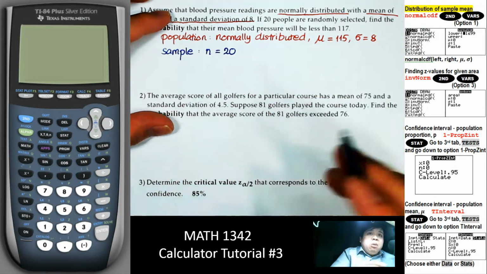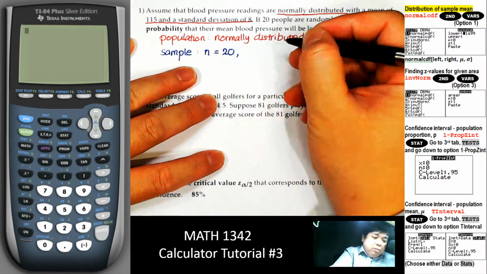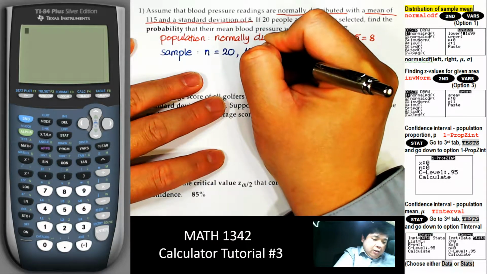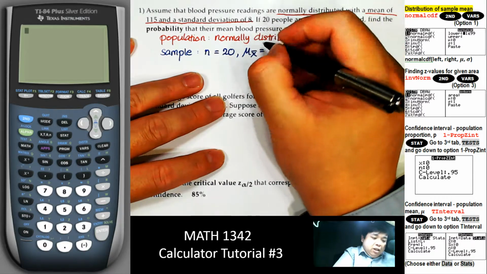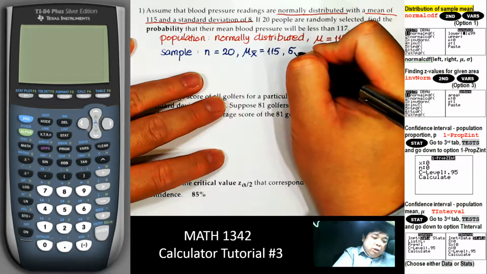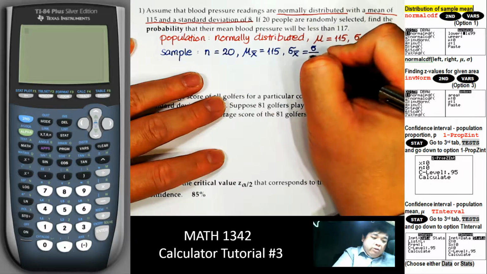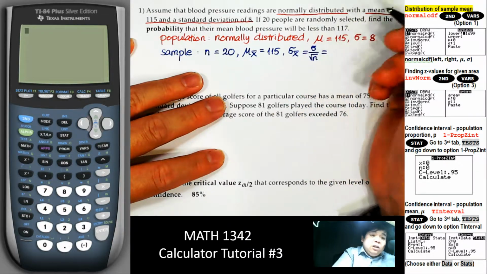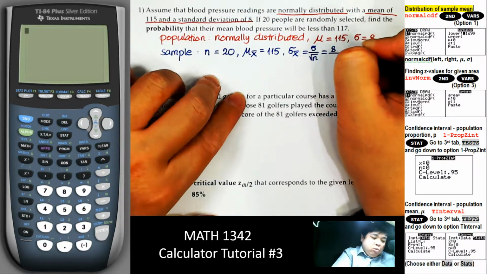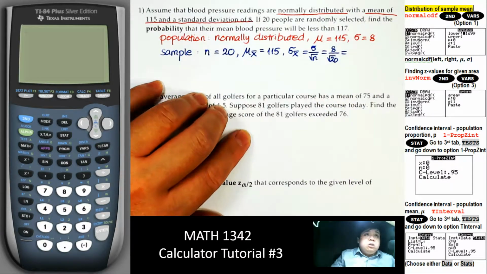But before we do that, the mean of this sample, the mean of the mean, is equal to 115, the same as the population, and the standard deviation of the mean is going to be sigma divided by square root of n. So 8 divided by square root of 20. Let's do that.